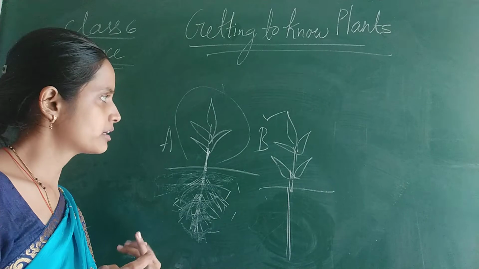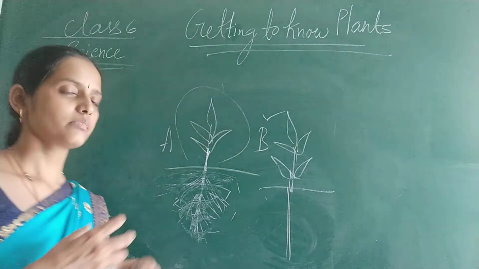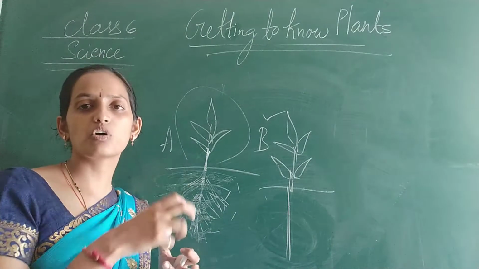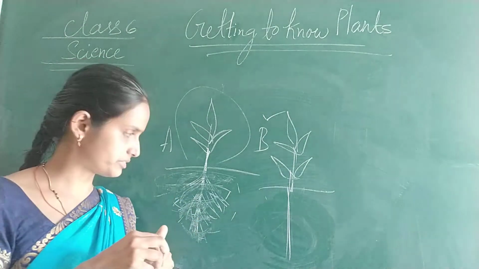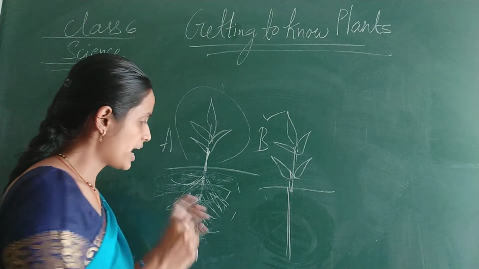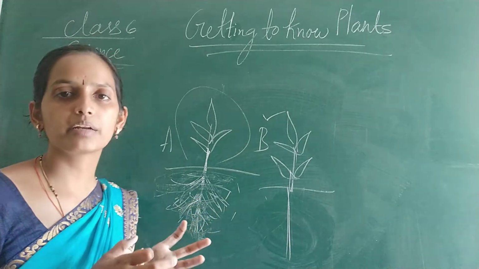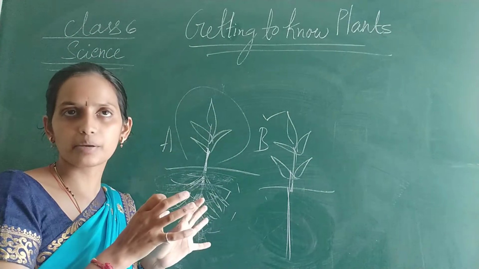Then you have seen how the roots are very important, right? In the stem part you have seen how it is absorbing. The roots actually help in the absorption of food material, or the nutrients, from the soil. Those nutrients or useful materials travel to the different parts of the plant through the stem, right?